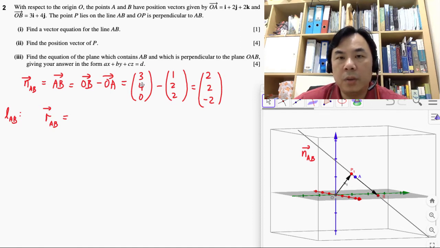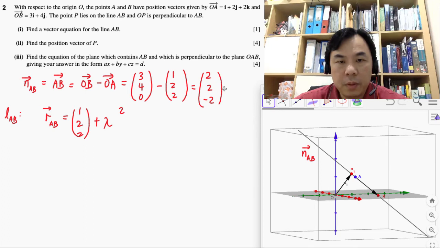It's very obvious that point A and point B are lying on the line, depending on which one you want to use as your anchor, or reference point. In this case, the typical reference point would be A, for instance. If you like to use B, go ahead with that. So we have (1, 2, 2), and then multiplied by a scalar with the direction that represents the line AB here.